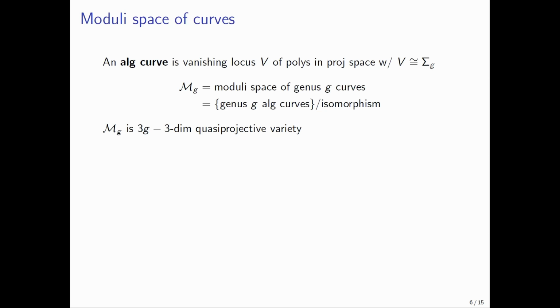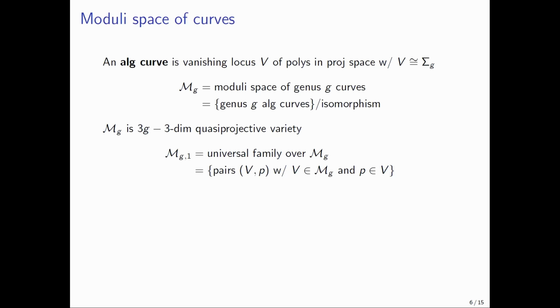Okay, so this is a 3G minus 3 dimensional quasi-projective variety. So what's the first thing you could do to try to study its topology and get a handle on it? Well, lying over MG is what's called the universal curve. The universal family, MG1.